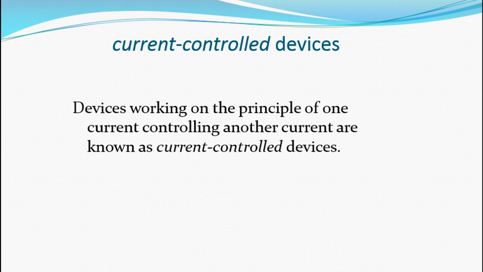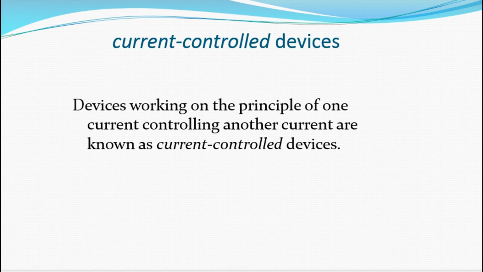It could be a current control device or a voltage control device. That is the example of a current control device. An example of a transistor that uses current control, if I'm not mistaken, is the bipolar transistor. When I discuss transistors in detail, I will explain it much better.